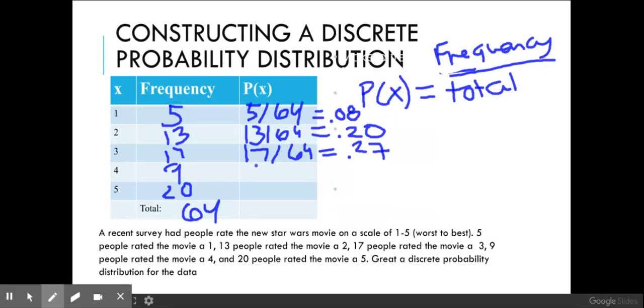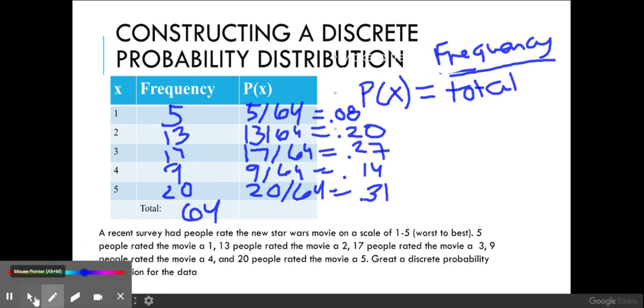And then 9 over 64, which equals 0.14. And then 20 over 64, which equals 0.31. And that is how you create a probability distribution chart. So keep in mind, your probability should always be between 0 and 1, and your frequencies come from your word problem, and you need to total them up.